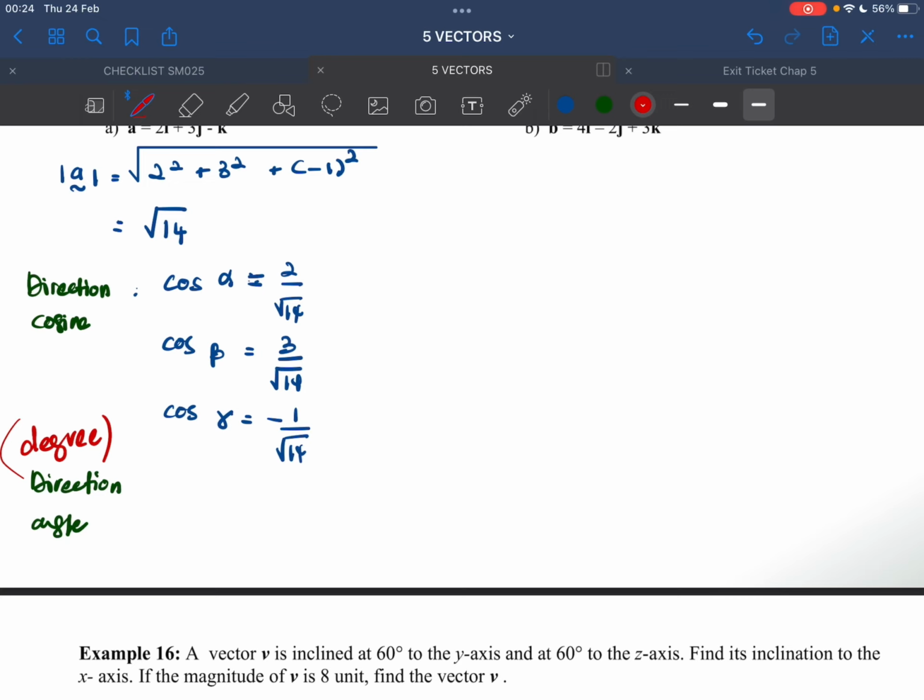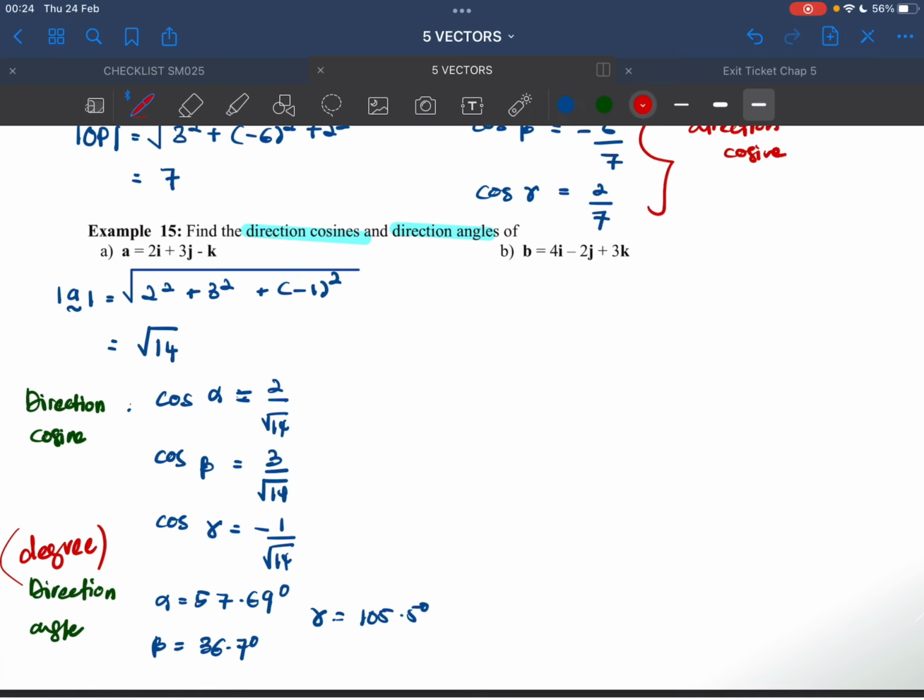So now just take the inverse cos: we should get alpha equals 57.69, beta equals 36.7, and gamma equals 105.5. So this one you can do by yourself.